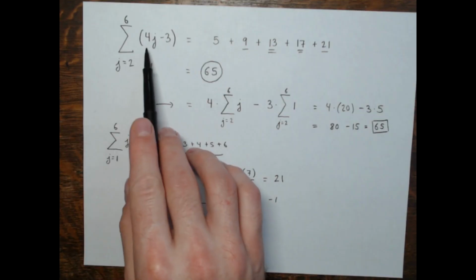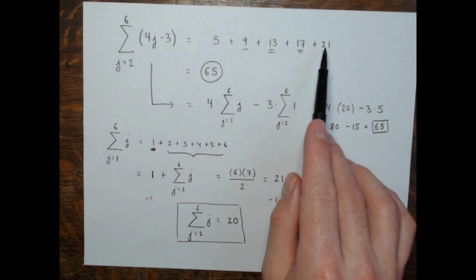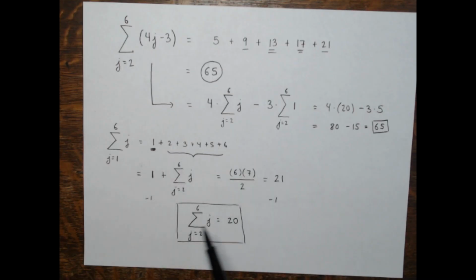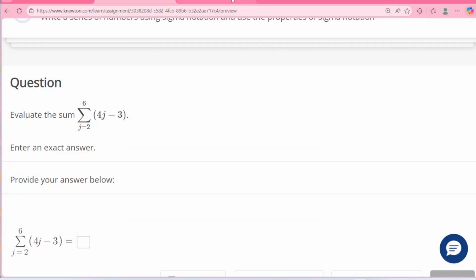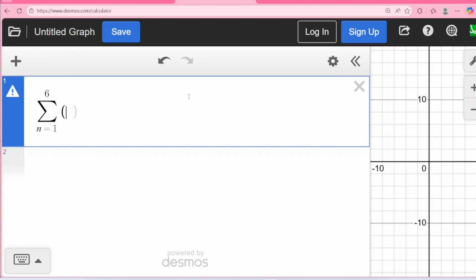Now again, there are only 5 terms, so I would suggest just doing it the way I first did it, and it's a lot quicker than trying to figure out how to work the formula into this for sums of powers. And then once again, I might do this later to speed up some time, you can always go to Desmos and type in the word sum.